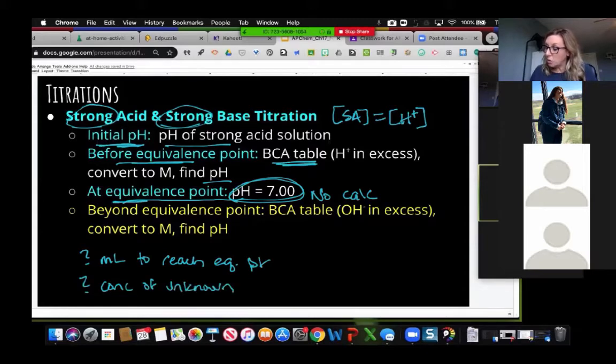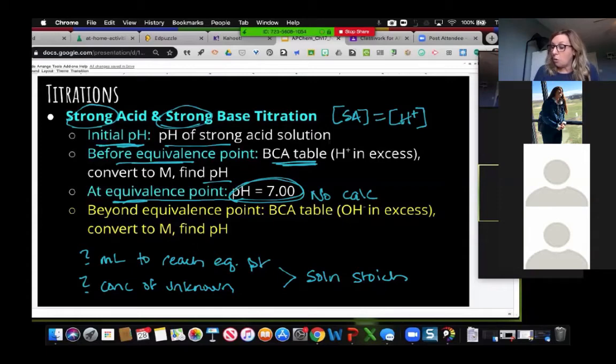If they ask you those two things, you're going to use solution stoichiometry, and that's a calculation we've done before. So the solution stoichiometry is when you start with the milliliters, the molarity, and then you run it through a stoichiometry problem. We'll do an example of one of those in a second.